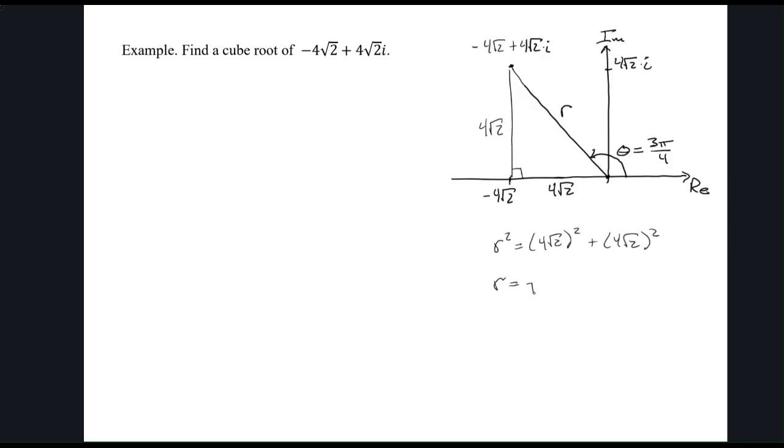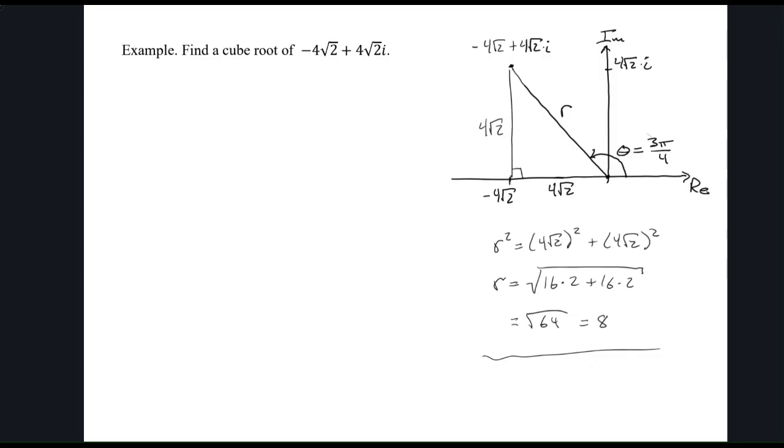So r is going to equal the square root of 16 times 2 plus 16 times 2. That's 32 plus 32 is 64, giving us a radius of 8. So this is just a nice problem in that the values given for the complex number allow us to quickly tell what our angle is.